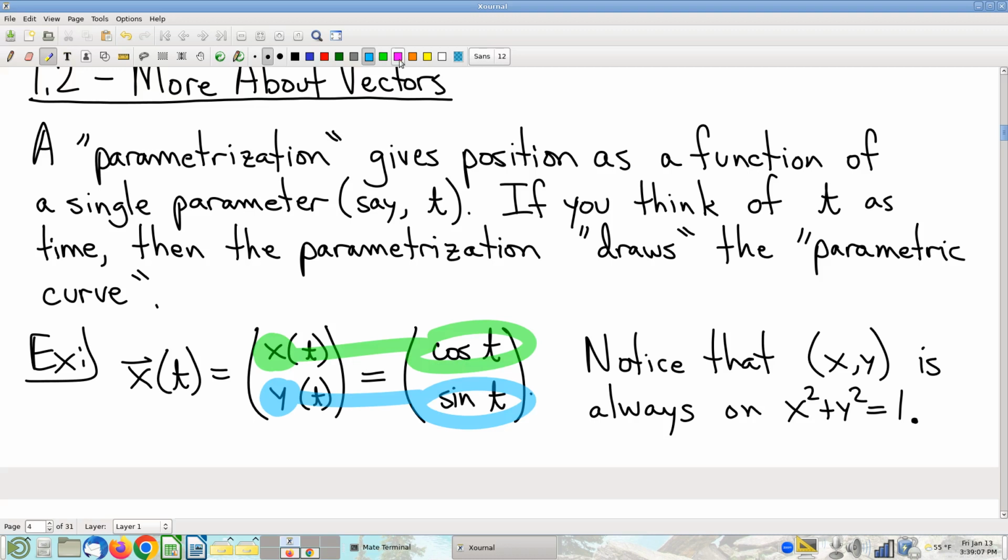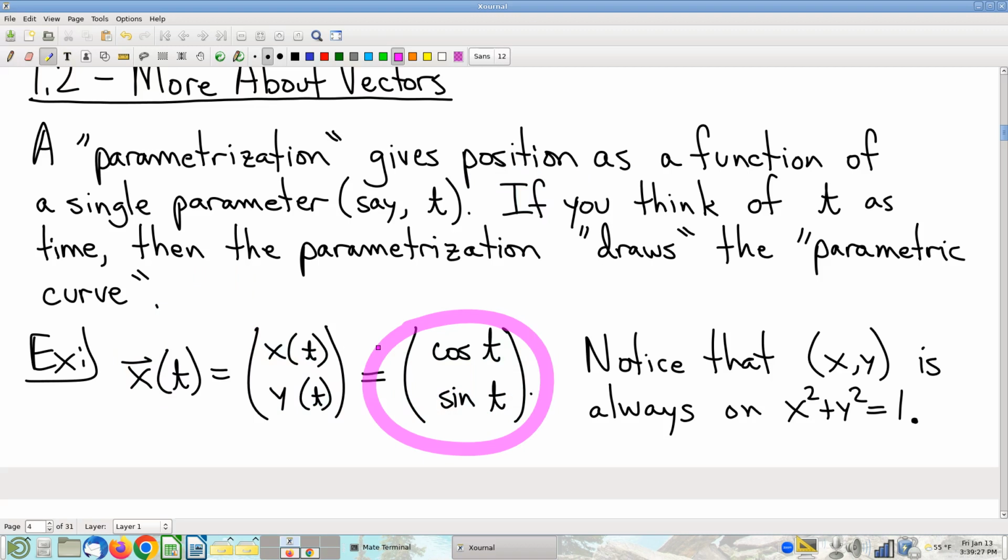Thus, altogether, giving us both x and y, namely giving us our position as a function of time. So, this is what a parameterization looks like. Anybody with me? All right. Okay, next natural question. This is a parameterization. What does it draw? What is this a parameterization of?